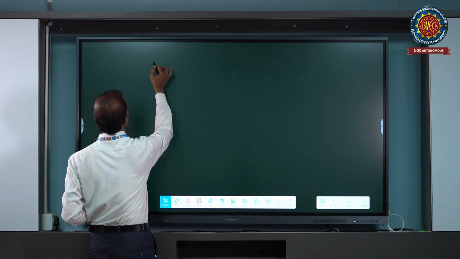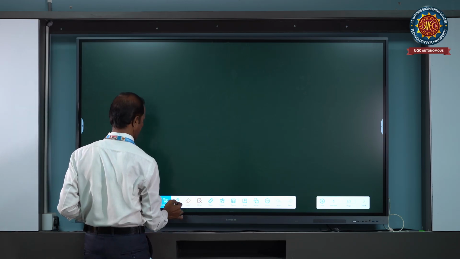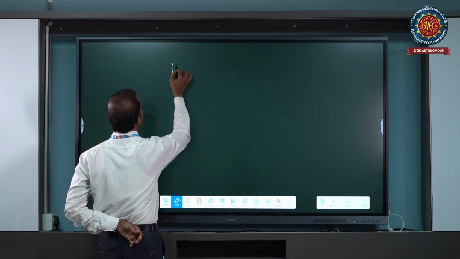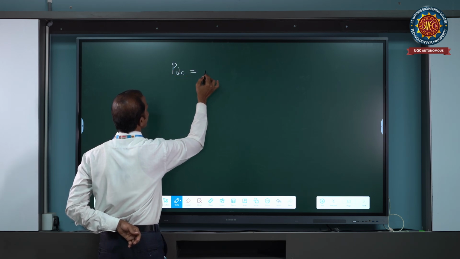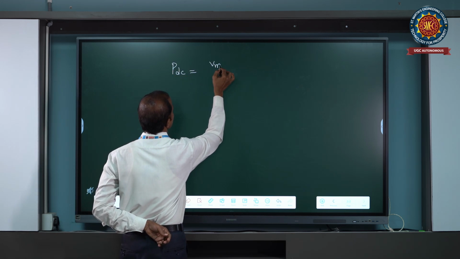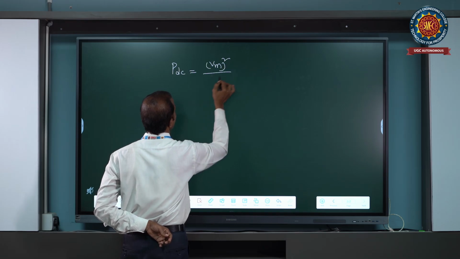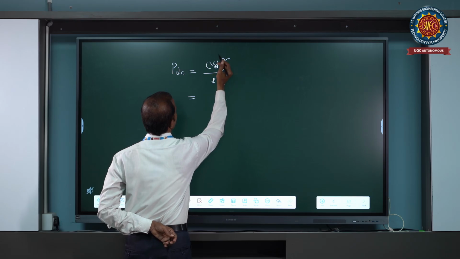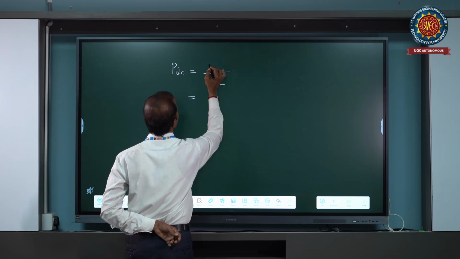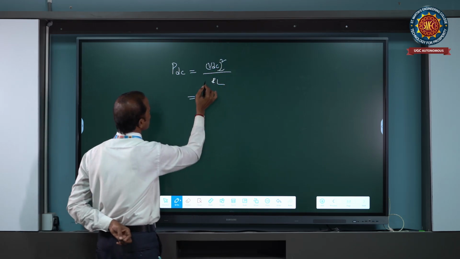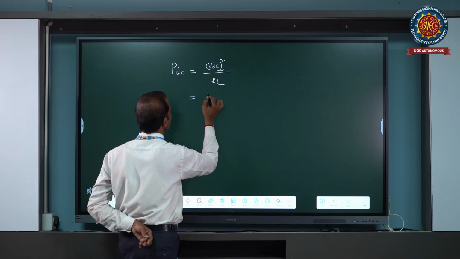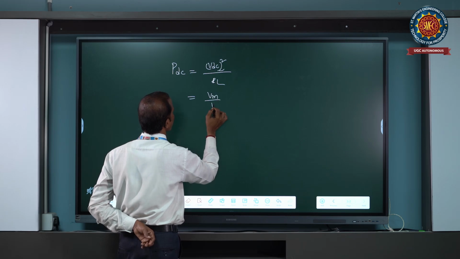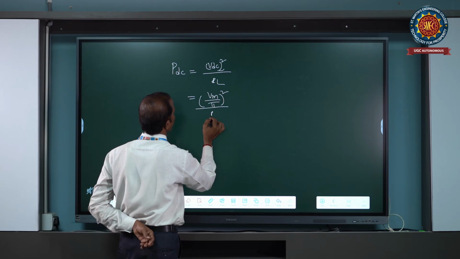Therefore PDC is equal to VDC square by RL. Here VDC is equal to Vm by pi, so (Vm by pi) whole square by RL.